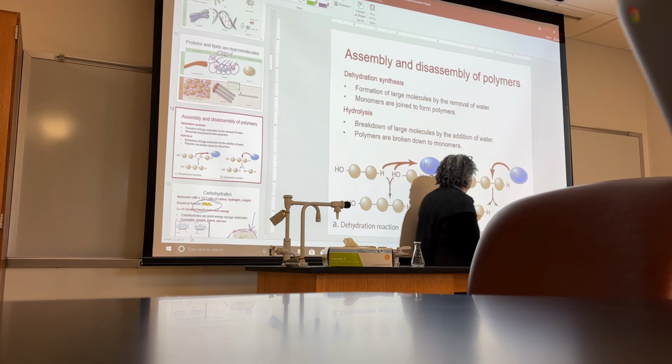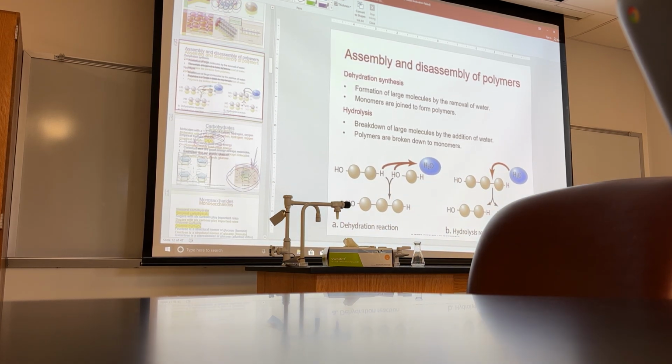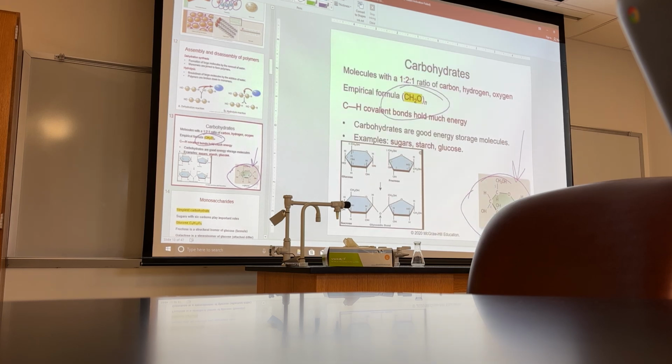And we'll talk about this. So for carbohydrates, the most abundant monomer, which is the individual unit, is glucose. There are some other ones: glucose, fructose, galactose.